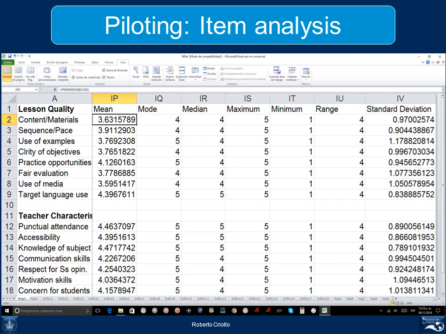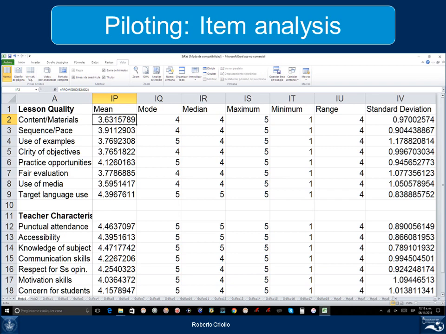We have some other low values for the standard deviation for sequence and pace, for example. So this means that there are not a lot of differences, and basically we can trust more and make more generalizations about the mean that we obtained.